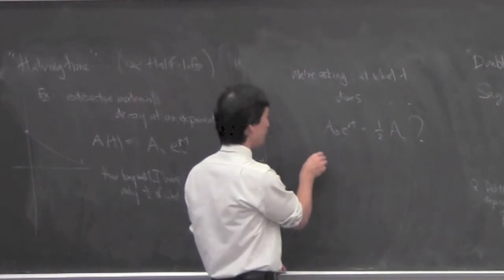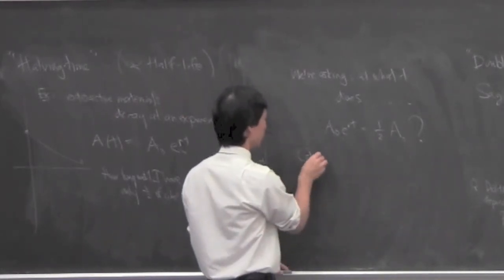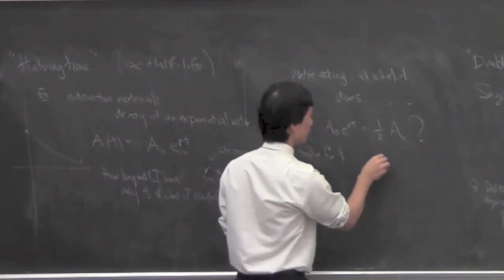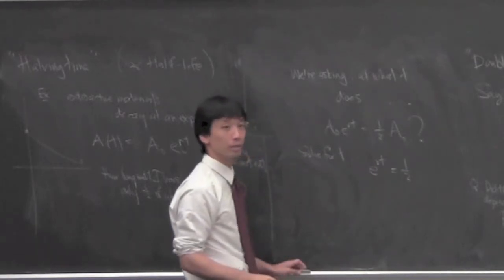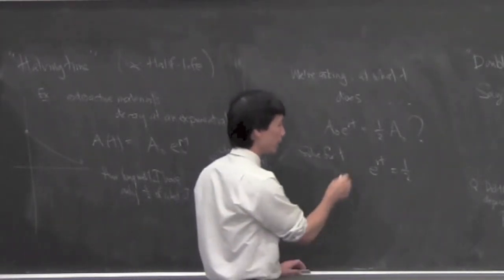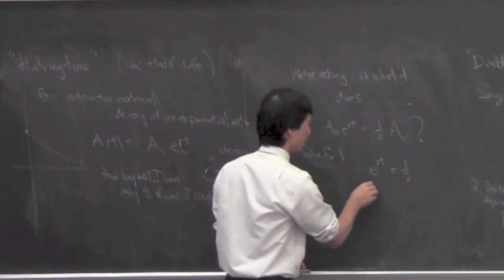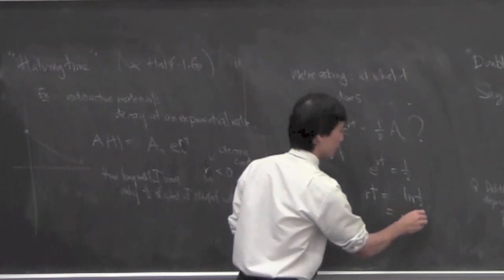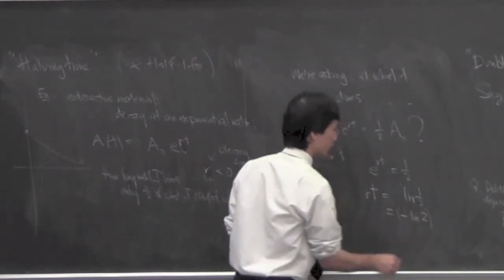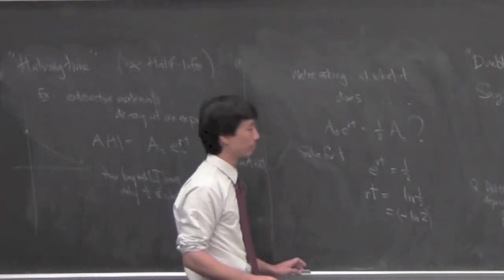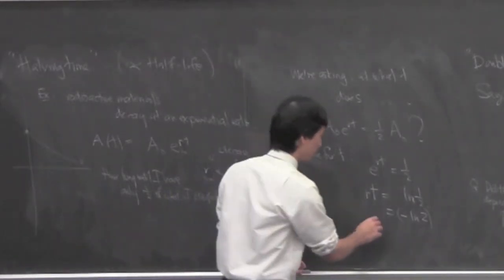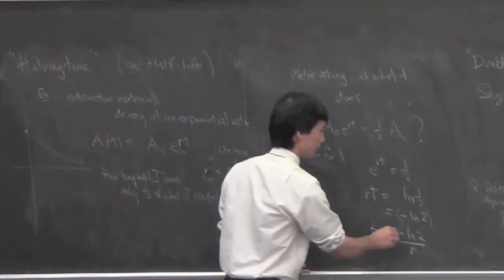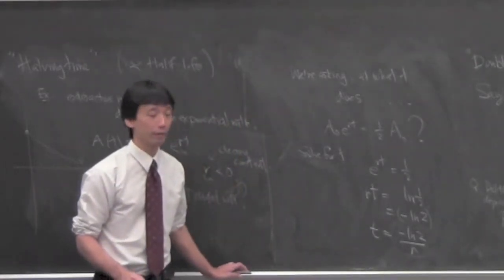Okay. And we play the same game, so we just solve for t. Then e to the Rt equals 1/2. Take the natural logs of both sides again, you get Rt equals natural log of 1/2. That is to say, negative natural log of 2. And then t is going to be negative natural log of 2 over R. So it's going to be at that time that we have half the amount.